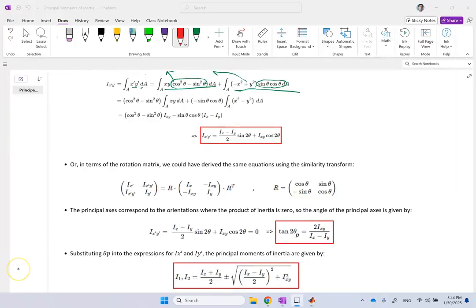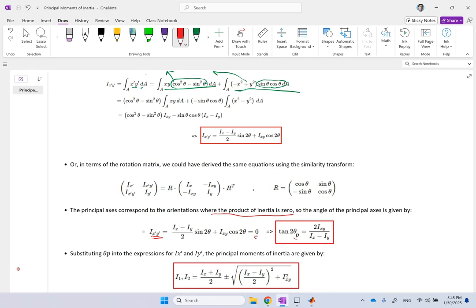So to mathematically find at what angle you have the principal moments, as I said, you set the product term I x prime y prime to 0, and you solve for the angle. Clearly, you divide by cosine 2 theta, and you get tangent of 2 theta.